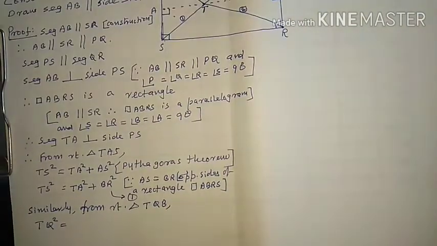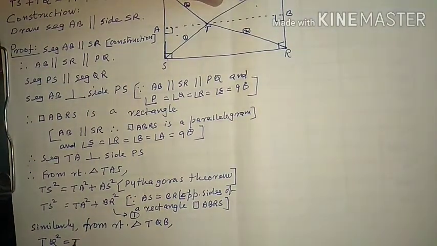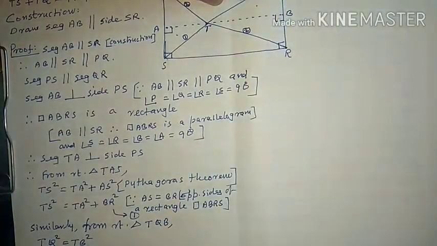TQ square is equal to TB square plus BQ square. This also by Pythagoras theorem.